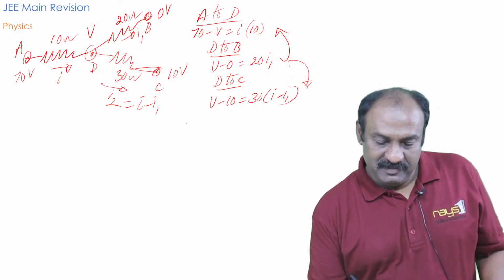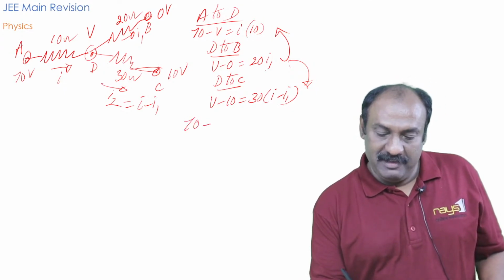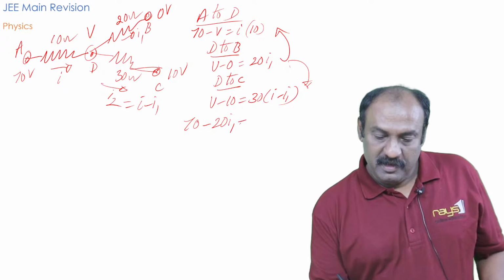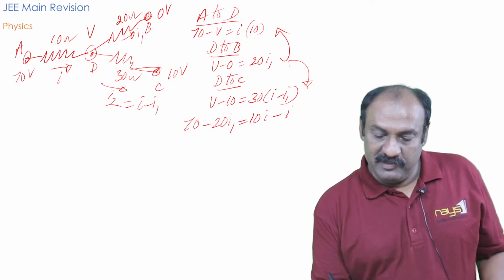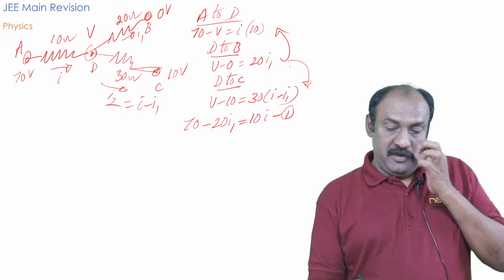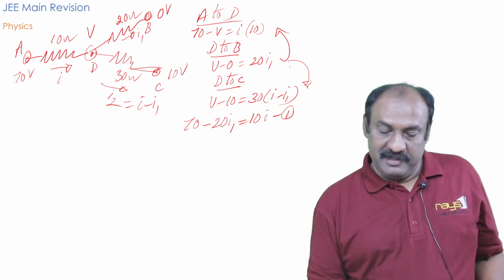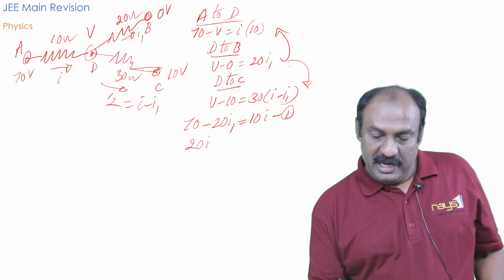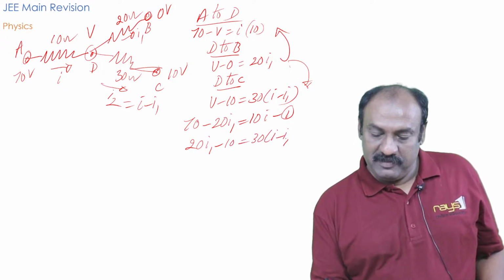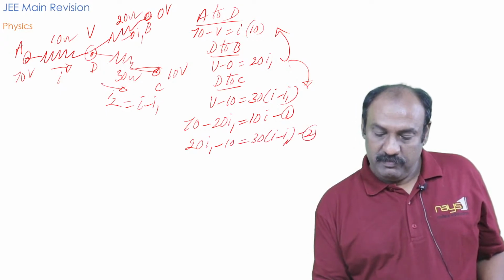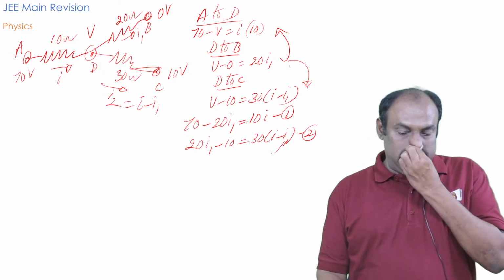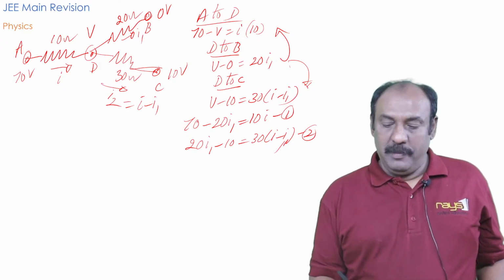Now substitute the second equation in the first one and the third one. Putting V as 20 I1, from the first we get 70 minus 20 I1 is equal to 10I, equation 1. And in the third equation we get 20 I1 minus 10 is equal to 30 into I minus I1, equation 2. How many unknown terms are there? I and I1. How many equations are there?